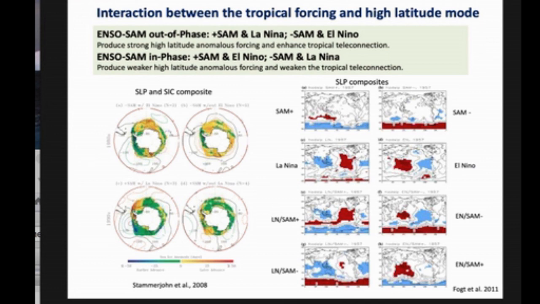But if you have a negative SAM with El Nino, we have some low, but the El Nino effect weakened that low. Remember, El Nino produces a positive pressure anomaly center in the Amundsen Sea Low region. So this is clearly indicating you need the right phase combination to get a stronger response.